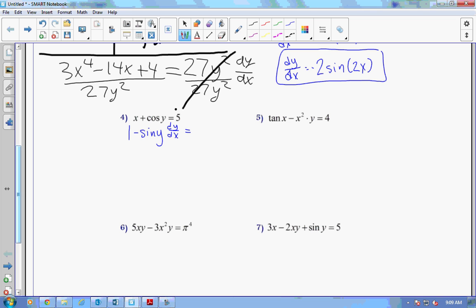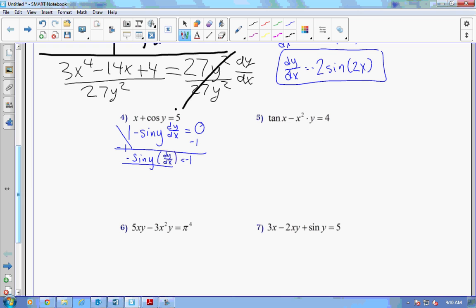We need that dy dx. And the derivative of 5 is 0. So we solve for dy dx. Minus 1, minus 1. Negative sine y dy dx. Negative 1. Make sure sine has its variable. It's not negative sine of dy dx. It's negative sine of y.